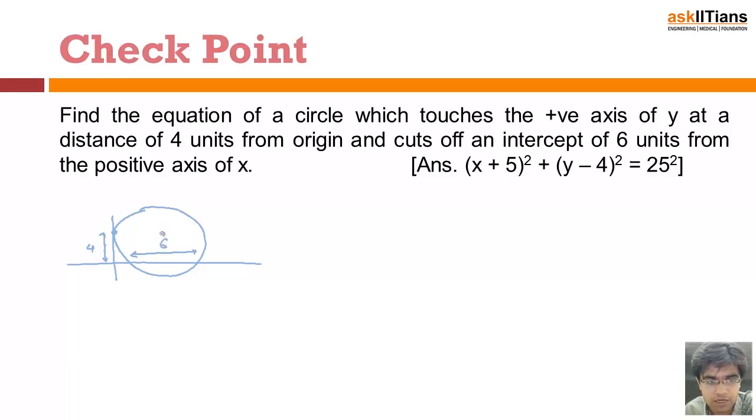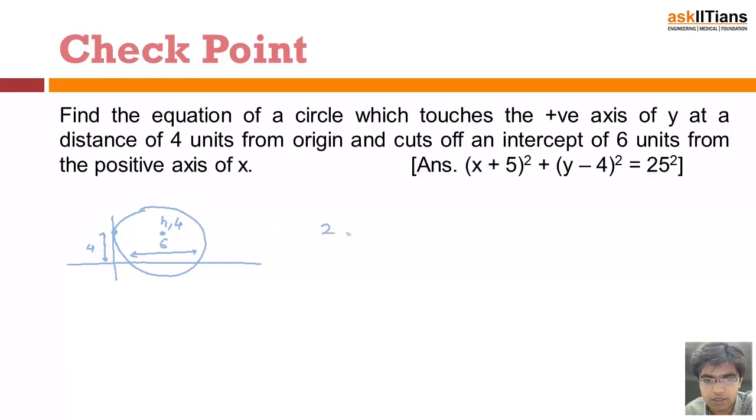Again, as I have already said, the chase is for center and radius. So if this distance is 4, then I can clearly say that the y coordinate of center is 4. Let's say that my center is h comma 4. Because this circle is touching the y-axis, that means the intercept is 0.